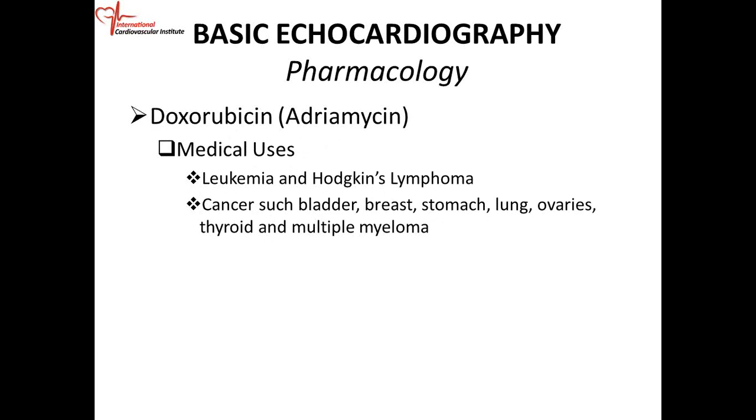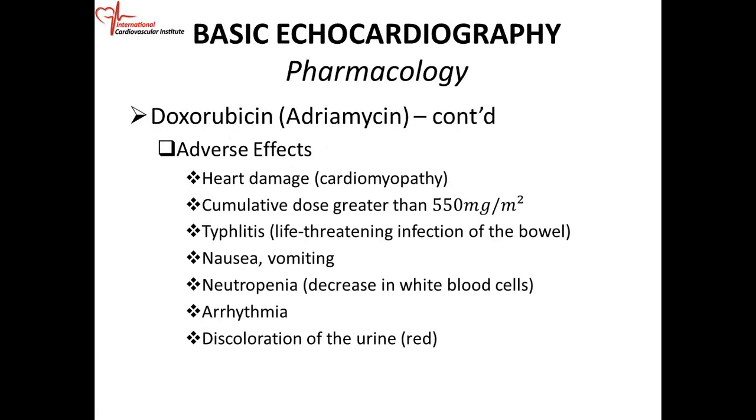And we need to know the ejection fraction before, during, and after therapy. So what are some of the adverse effects of doxorubicin or Adriamycin? Heart damage is top, this is the one that we are concerned about. Above a certain dose, it almost always causes some amount of heart damage, and the patient will develop a cardiomyopathy. The cumulative dose that you're concerned about is anything greater than 550 milligrams per meter squared.